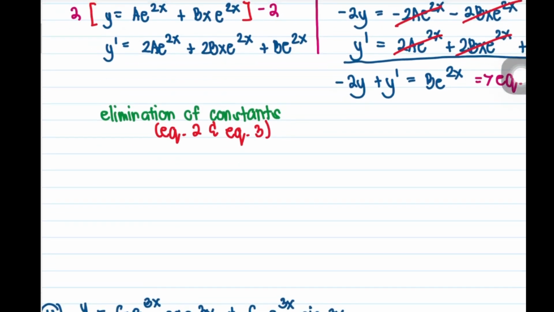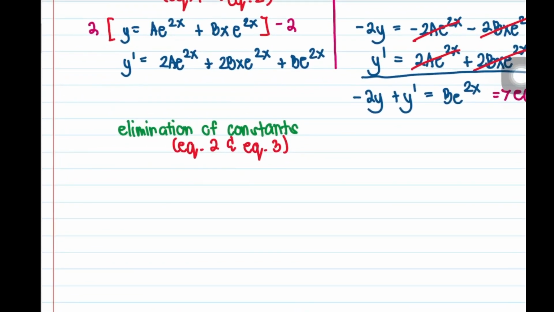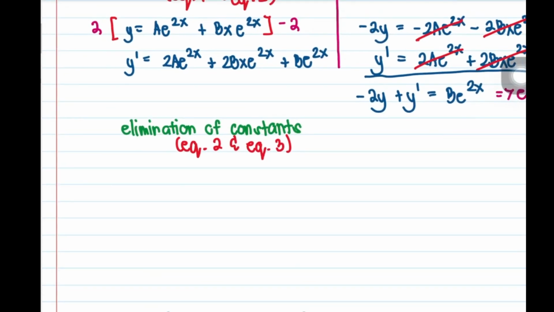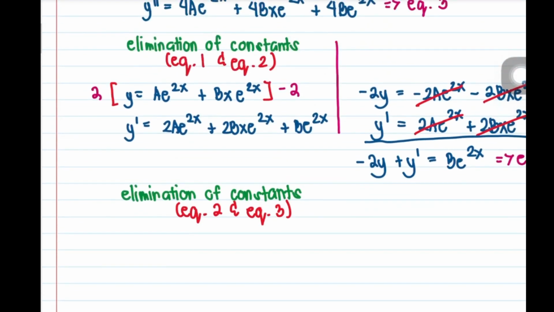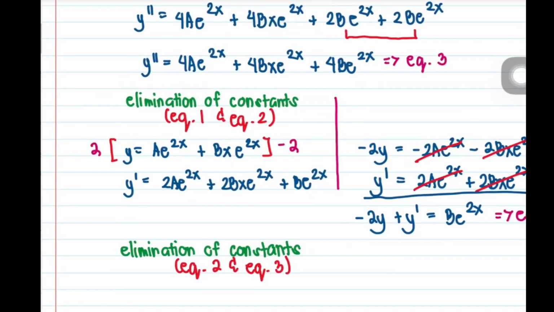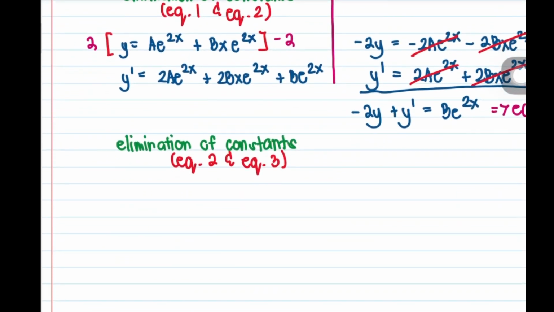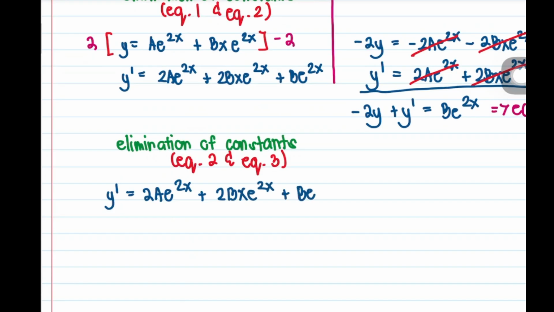Okay, so the elimination of constants for equation 2 and equation 3 will be what? So let's first copy equation 2. Equation 2 is the first derivative, which is y prime is equivalent to 2ae raised to 2x plus 2bx e raised to 2x plus be raised to 2x.